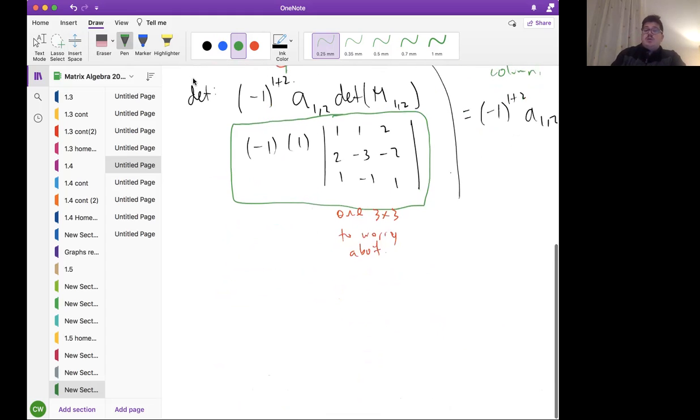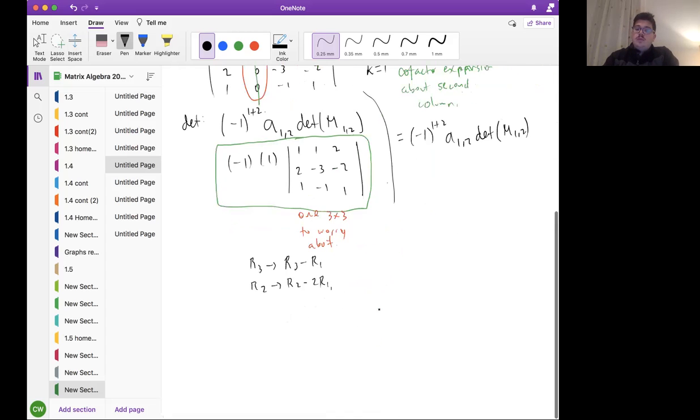For this last one, we could do 2 things: row 3 minus row 1, and row 2 minus 2 row 1. Those both will not change the determinant, but they would introduce more zeros into our matrix. So the takeaway is zeros are nice for calculating determinants.